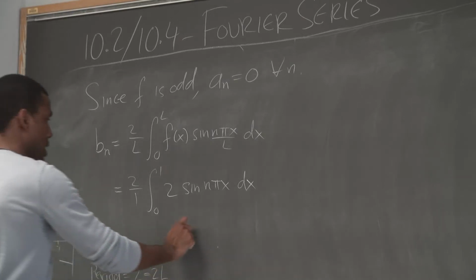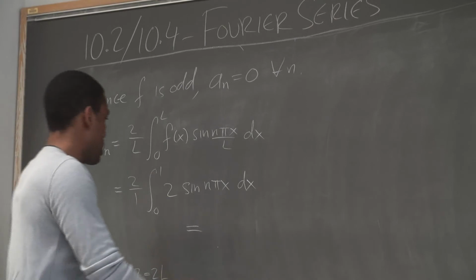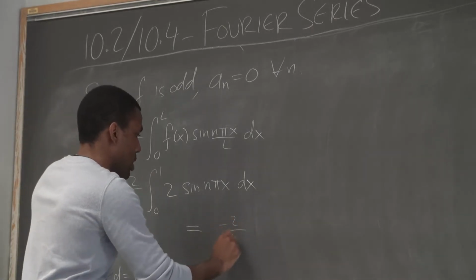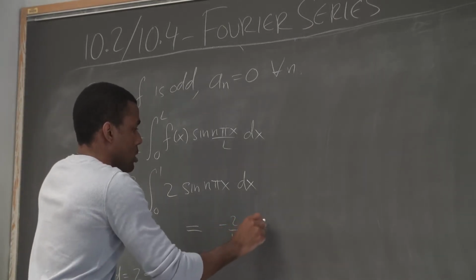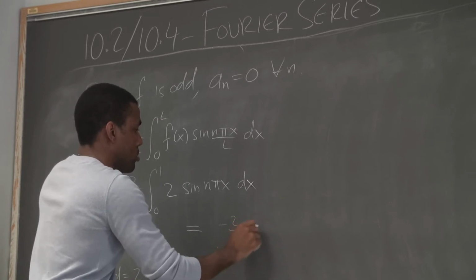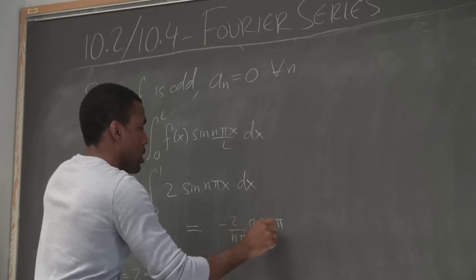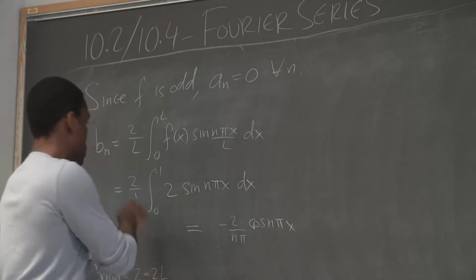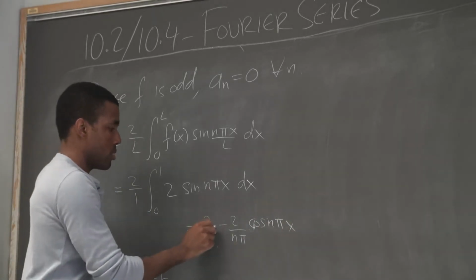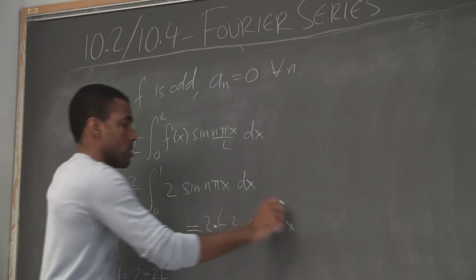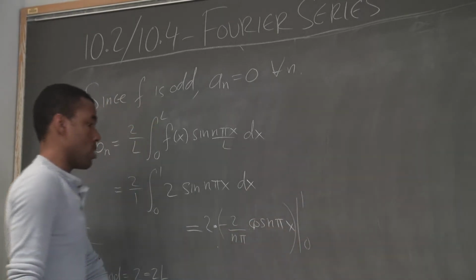Okay, so this guy will be equal to, we did this before, minus 2 over n pi cosine n pi x times the 2 from here. This is between 0 and 1.